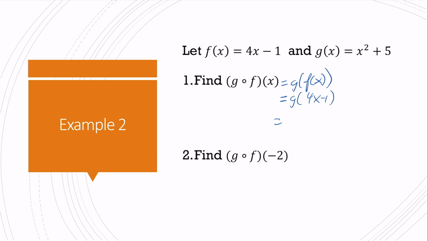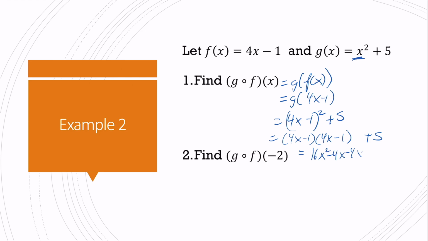Well, that is 4x minus 1 squared, because that's my x, plus 5. So I'd have to FOIL this out and add 5. I get 16x squared minus 8x plus 1 when I FOIL, plus 5. So my final answer would be 16x squared minus 8x plus 6 is g composed with f.